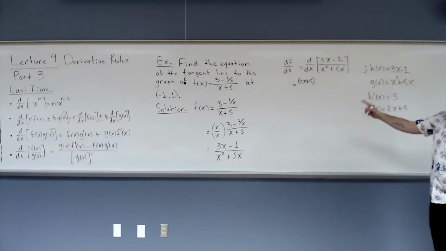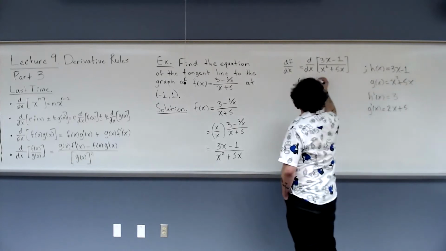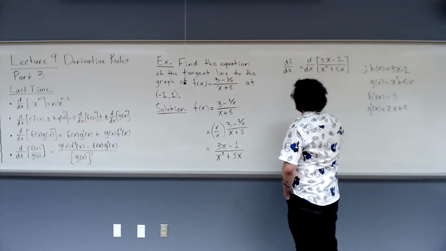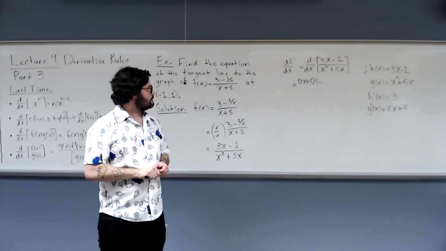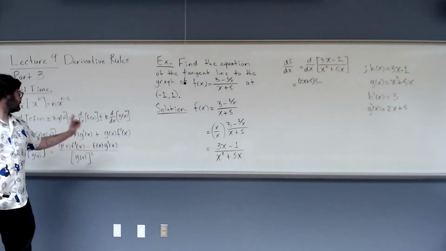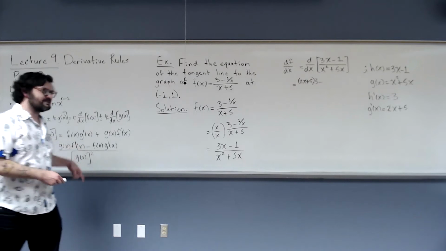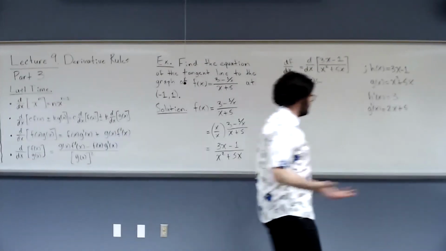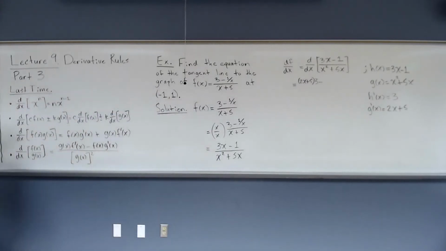So g times f prime, or in this case g times h prime, is 3, minus. But shouldn't we be putting g prime instead? Oh, I read the wrong line. Silly mistake. Thank you, by the way, because that would have made a completely different answer. The ordering of this one, because it's subtraction, definitely matters.